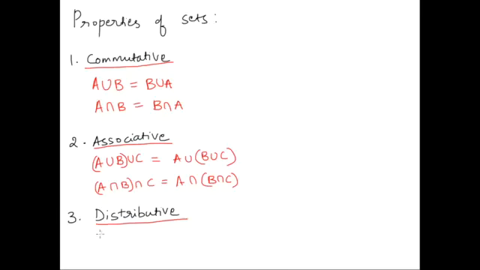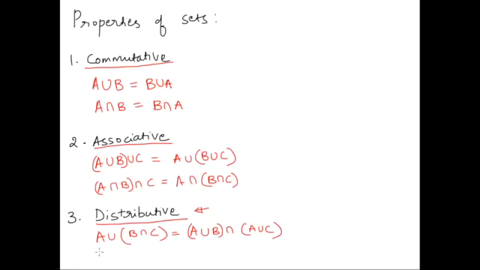Distributive property means A union (B intersection C). This one is probably slightly complicated, so I have divided this lecture into two parts. This is part 1, and next we'll be looking at part 2, in which I extensively cover distributive property. So anyway, A union (B intersection C) is equal to (A union B) intersection (A union C).